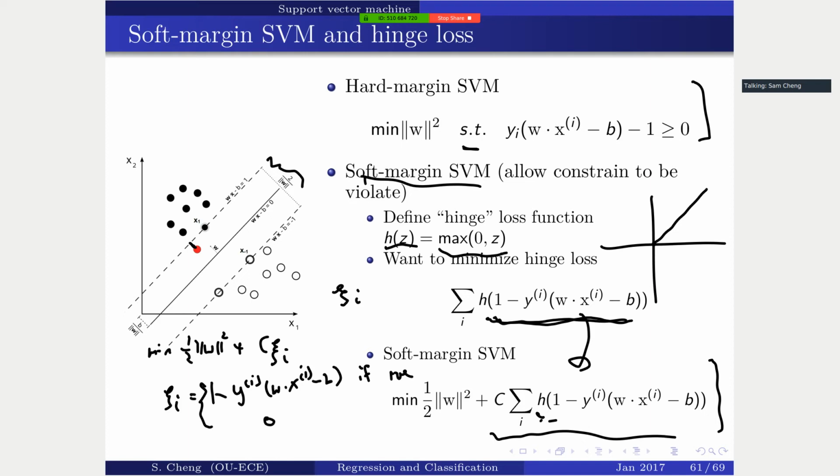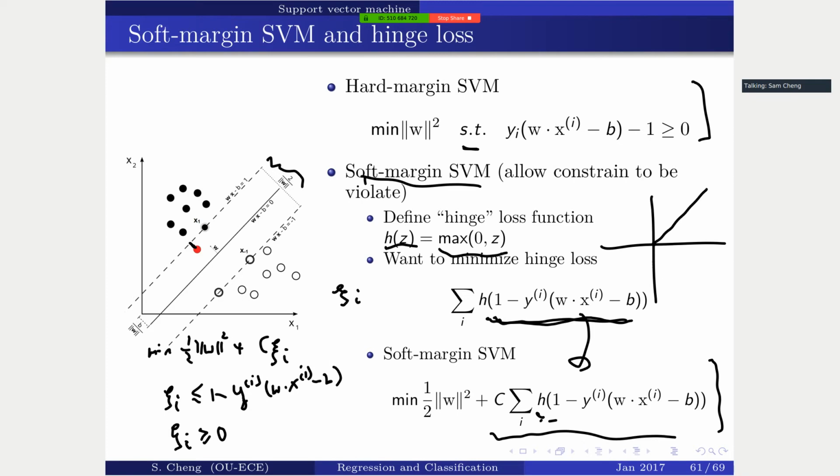So I can basically make ci less than or equal to this, oh, let me see if I can erase this. I can make a constraint that ci is greater than or equal to 1 minus yi (w dot xi minus b), but also ci is greater than or equal to 0. See, it makes sense.